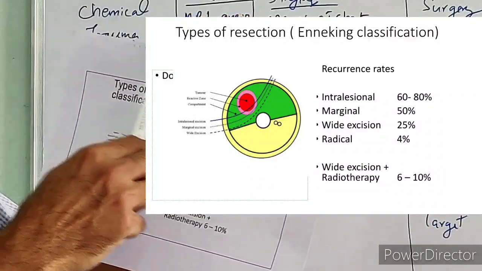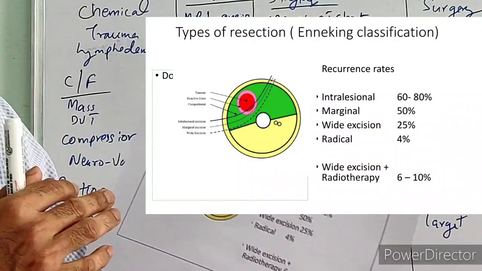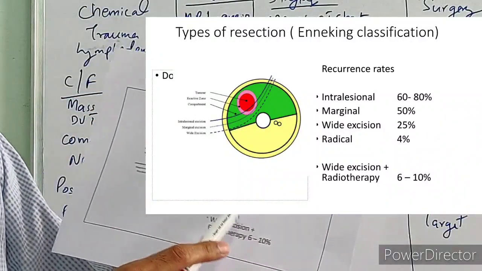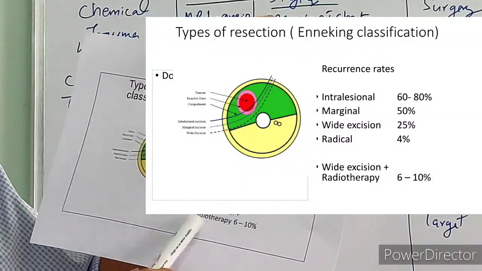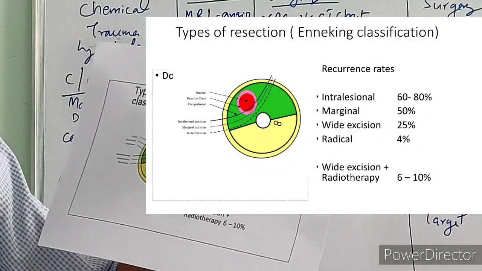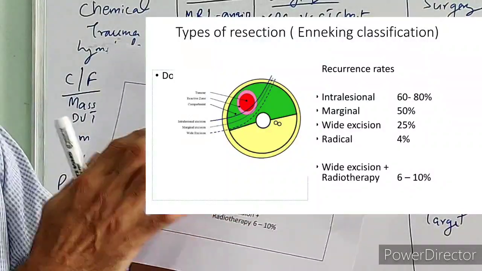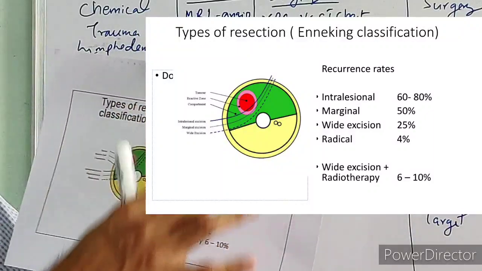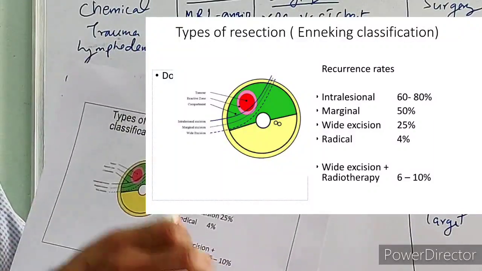In radical excision, with a 5 centimeter clearance, recurrence is about 4%. The best treatment is wide excision plus radiation therapy, with 6 to 10% recurrence. So this is the importance of knowing the tumor and the marginal zone. If you go wider, you get a lower chance of recurrence.